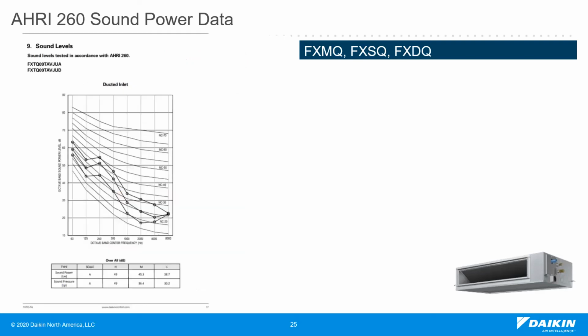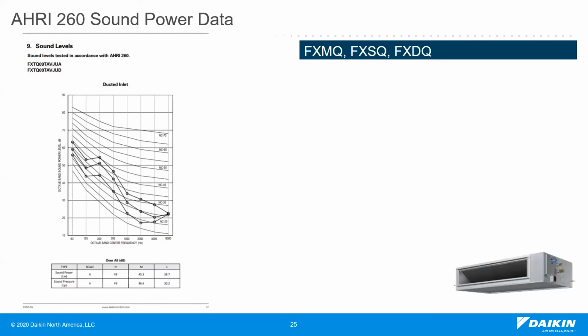This is what the information looks like for the FXTQ, given for a particular model number, FXTQ09. For a ducted inlet reverberation room configuration, we're given the 3 speeds across the 8 octave bands, and you're given an NC, or noise criteria.